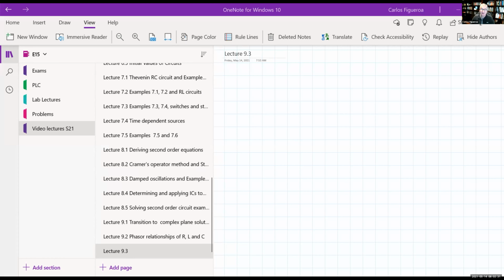So if I look at what we started to do, we started to develop phasor relationships in this language here. Well, in some shape or form, I've got to get this to work. Let's try this. The problem is I'm not seeing my OneNote. I don't know what is going on. I think you should see it now, right? Hopefully.